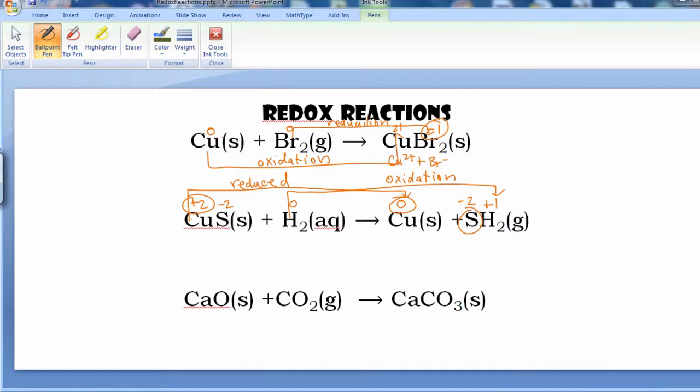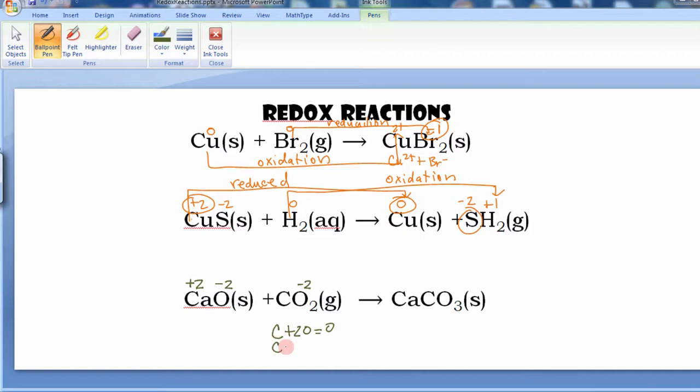And I chose this one in particular because this is very special. Alright, so let's jump to it. This is ionic, and we know that this is +2, this is -2. CO2, we know that oxygen is a -2 in that molecular compound. Well, what is carbon? Let's solve for carbon. C plus 2 oxygens equals 0.